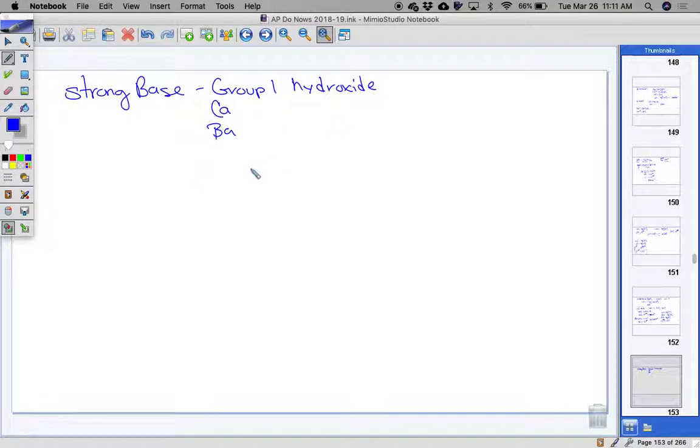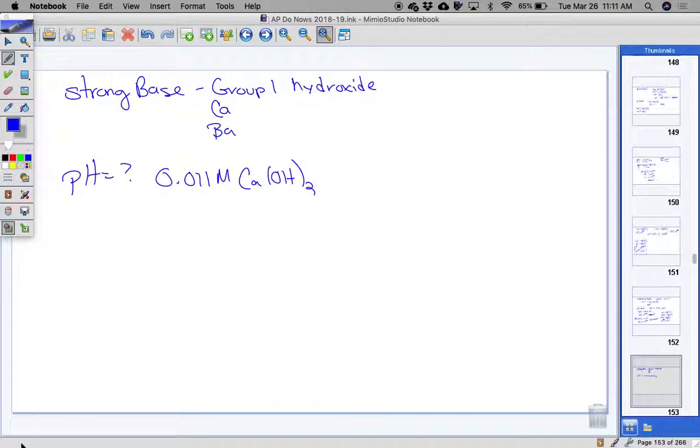Occasionally you'll see magnesium. It's just not very soluble, is the problem. Okay, so let's look at this problem. What is the pH of a 0.011 molar Ca(OH)2, calcium hydroxide?